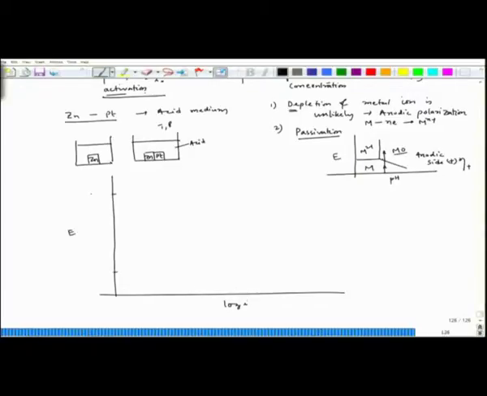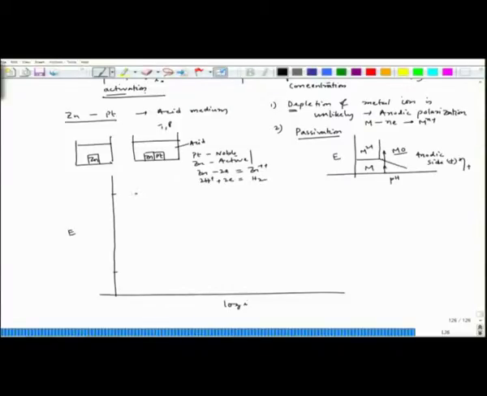The anodic reaction is zinc dissolution, and here platinum is noble and zinc is the active component. Zinc dissolution is the anodic reaction and hydrogen evolution is the cathodic reaction when the mixed potential theory is active.